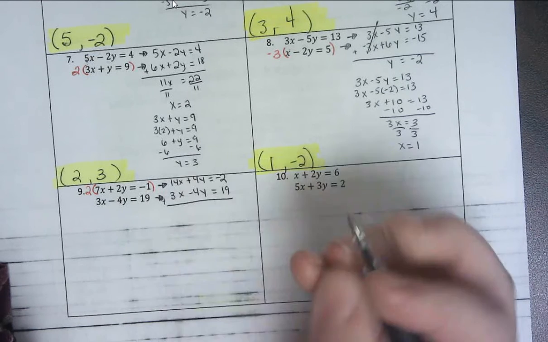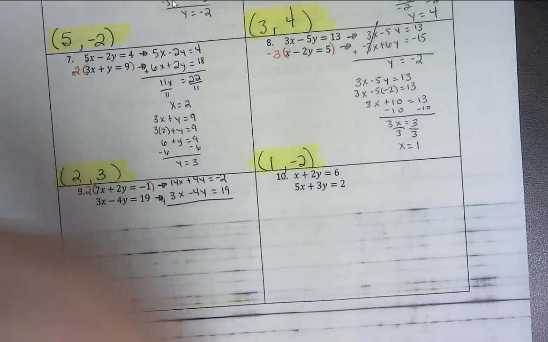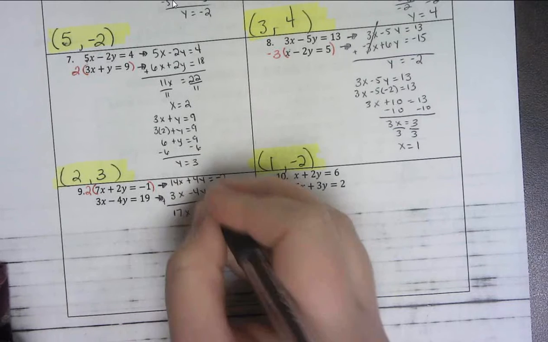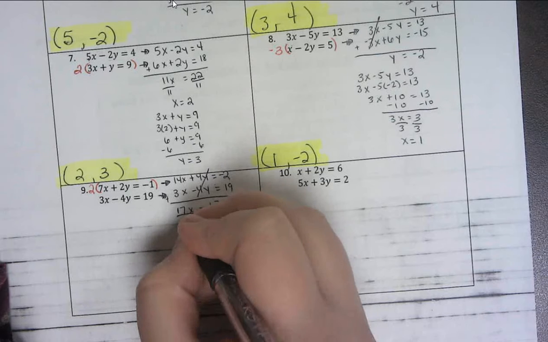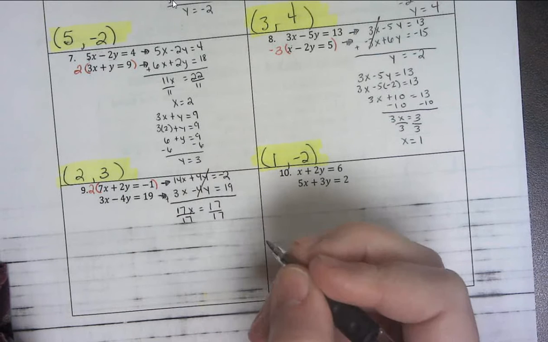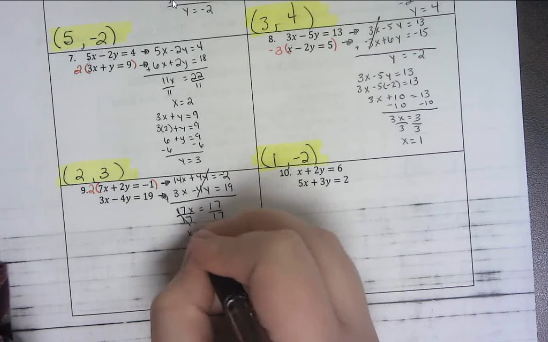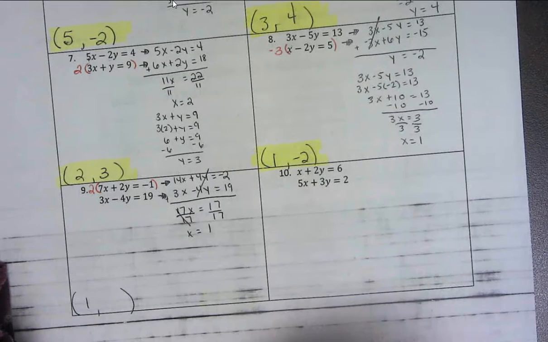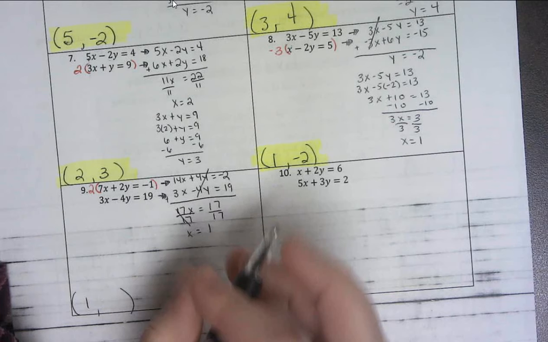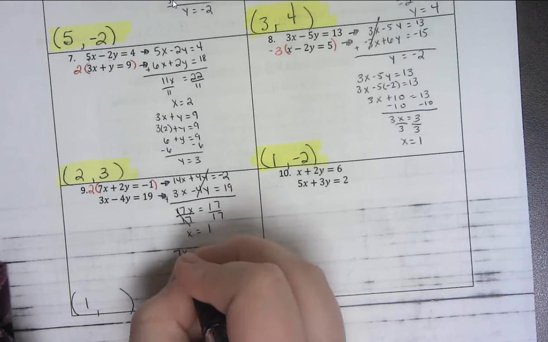So now 14x and 3x is going to give me 17x. Those guys are going to cancel, equals 17. Divide both sides by 17 to get x equals 1. Then we're going to plug that 1 into one of our other equations. I'm going to choose the top one this time.